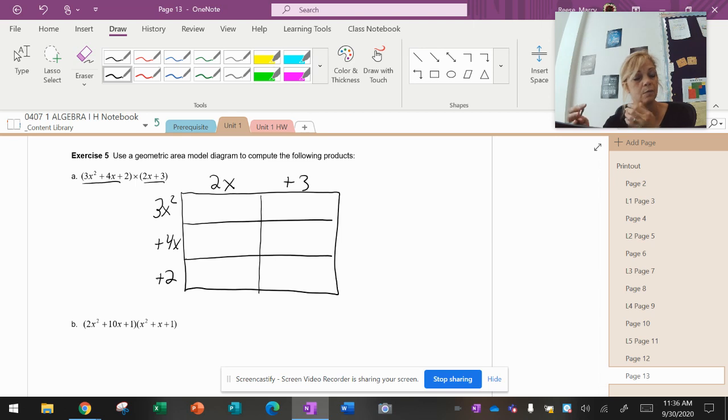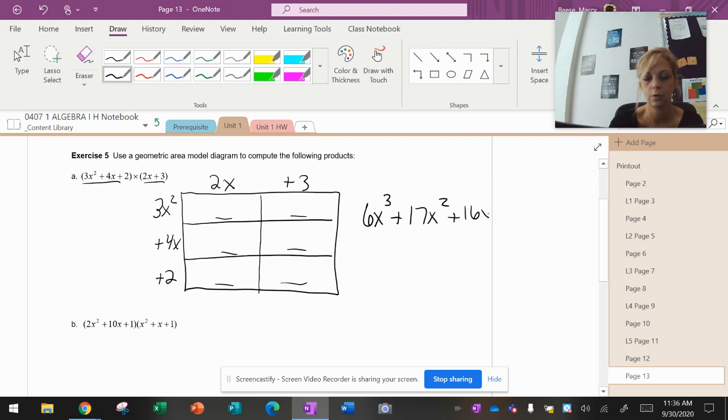You're going to do the same thing that you've been doing. You're going to do the multiplication in each of these. You just got to do it 6 times instead of 4 times. And then you got to combine like terms. So when you're done, I'm going to give you the answer. When you're done, I want you to try this. And we will get to some more practice at another point.